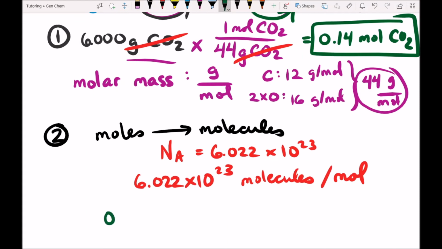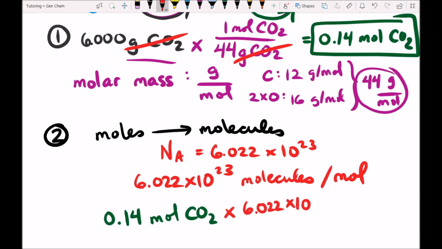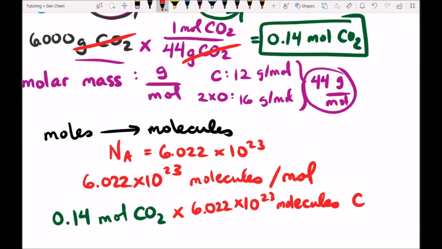So the number of moles we calculated in part 1 was 0.14 moles of CO2. And let's use Avogadro's number as our conversion factor, and we want to eliminate moles of CO2, so we're going to multiply by 6.022 times 10 to the 23rd molecules CO2 over 1 mole of CO2.